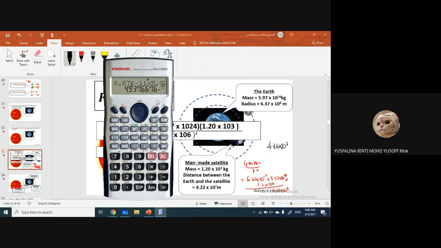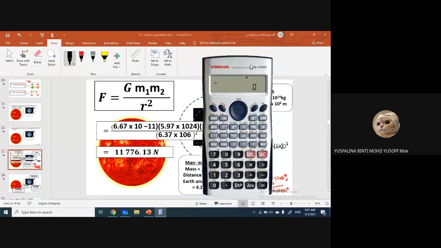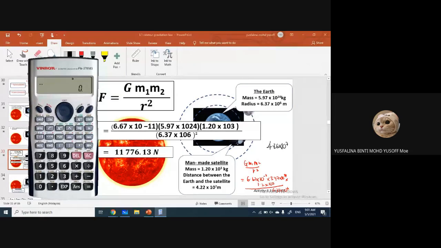And then you must divide by the radius of the earth, 6.37 exponent 6. So you got this one. Is it correct? Try to calculate for me, maybe. Oh, R square. Sorry. I forgot to square the R.